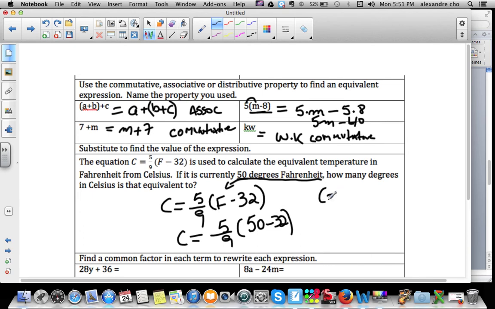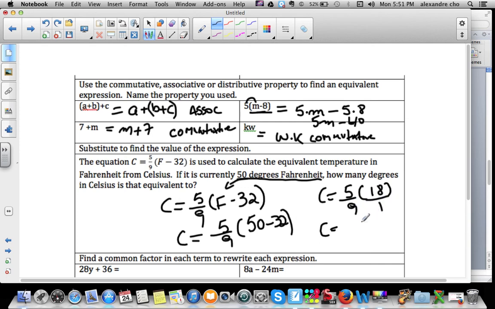Order of operations, you get C equals, what are you going to do, 50 minus 32, or are you going to do 5 over 9 times 50? You're going to do 50 minus 32, so you copy the fraction for now, 5 over 9, and in parentheses you have 50 minus 32, which is 18. Now it just becomes a fraction times a whole number.